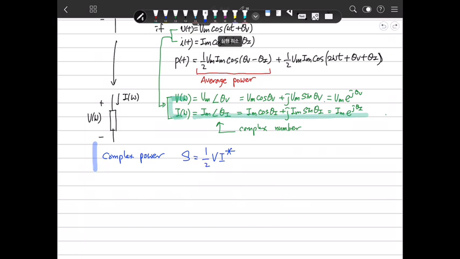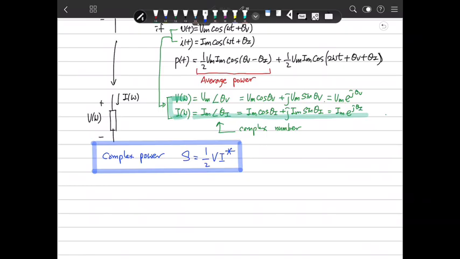This represents power from the viewpoint of the phasor when the voltage and current are sinusoidal. This is very useful and very powerful for understanding the characteristics of an electric circuit according to power.